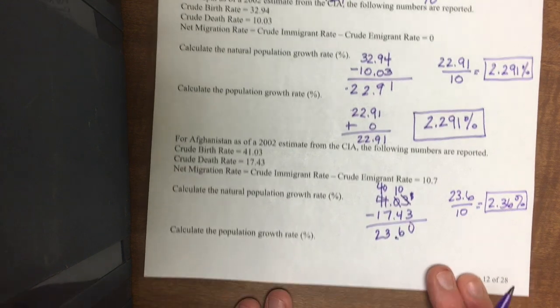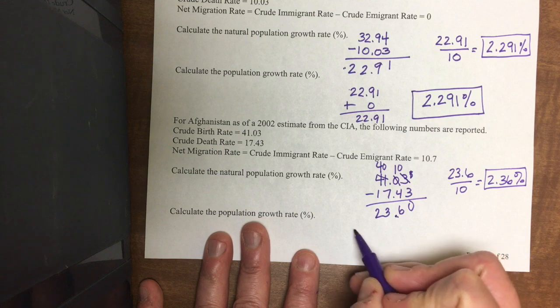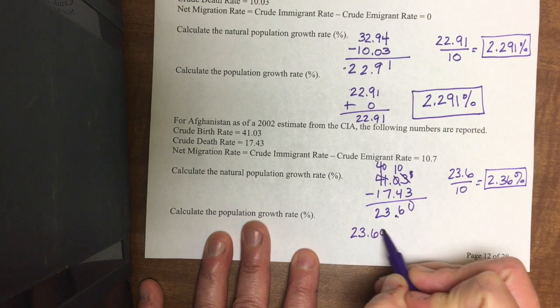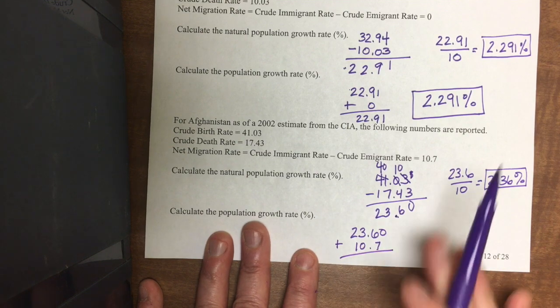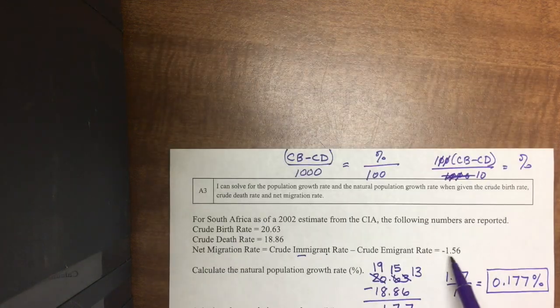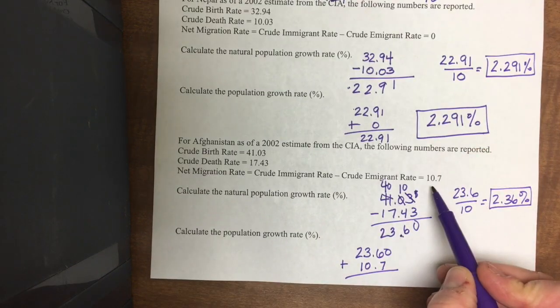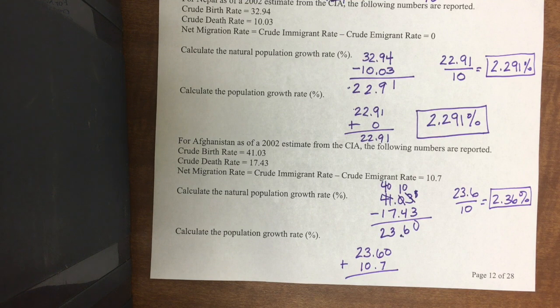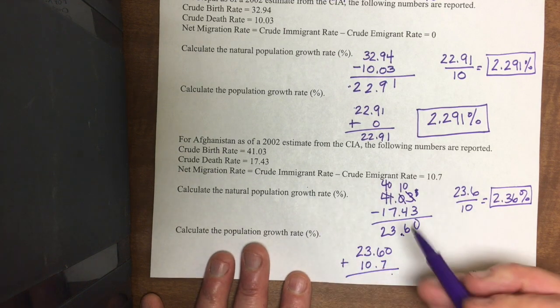To get my population growth rate then, I go births minus deaths, and again now I'm going to add my net migration rate, so 10.7. You might say, wait, why are you adding? Because at the top of the page you subtracted. Here, if you'll notice, it was a negative number, so I added a negative number, which means I subtracted. Down here, it's positive, so I'm adding that 10.7, because again, it's immigrants minus emigrants.